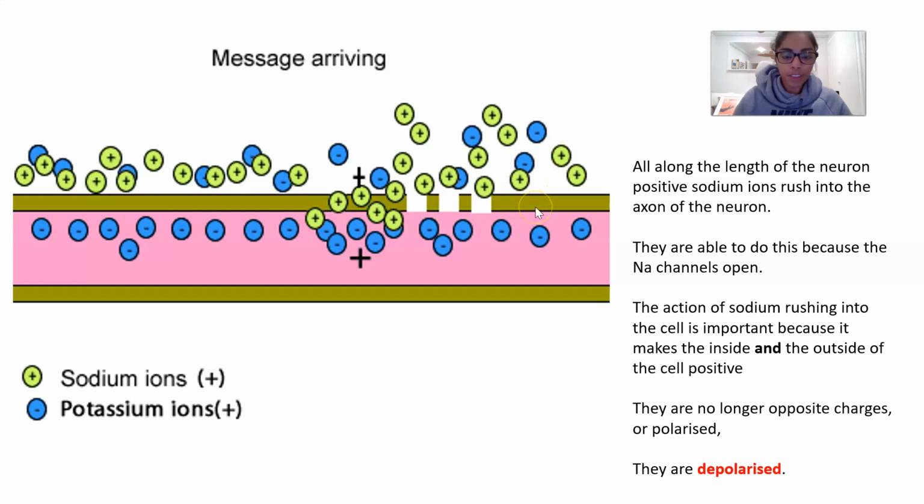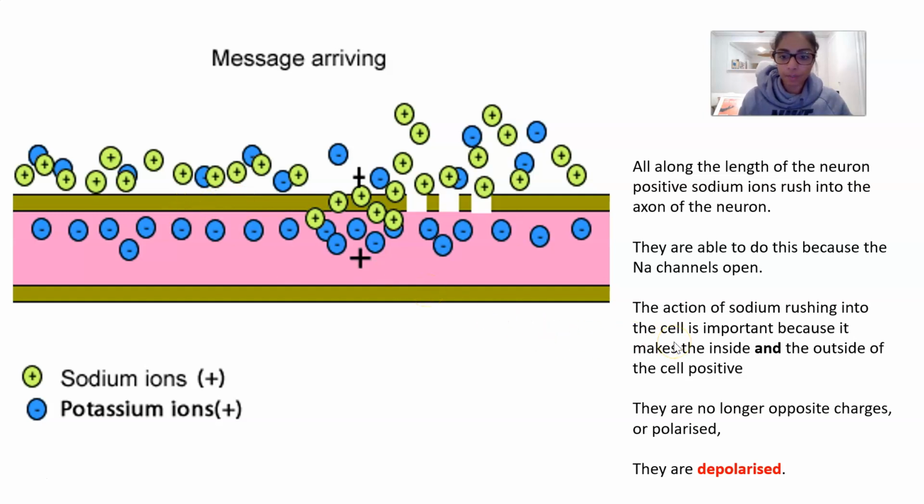All right, so this cartoon again is just showing this series of depolarizations caused by diffusion. These light green positive circles here are referring to sodium ions. They will diffuse into the membrane all the way along the length of that axon fiber.